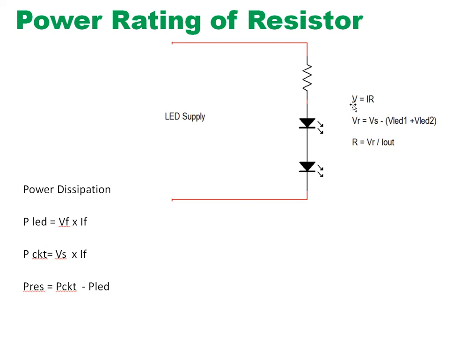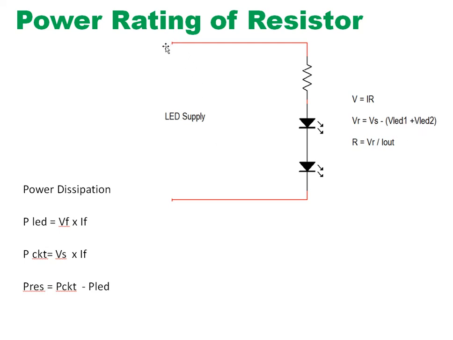The same thing, Ohm's law: V is equal to I times R, and the voltage drop across the resistance is nothing but the supply voltage minus the forward voltage drop of LED 1 plus the forward voltage drop of LED 2. If you are using the same 5 mm LED, we can say 2.2 plus 2.2, that means 4.4.